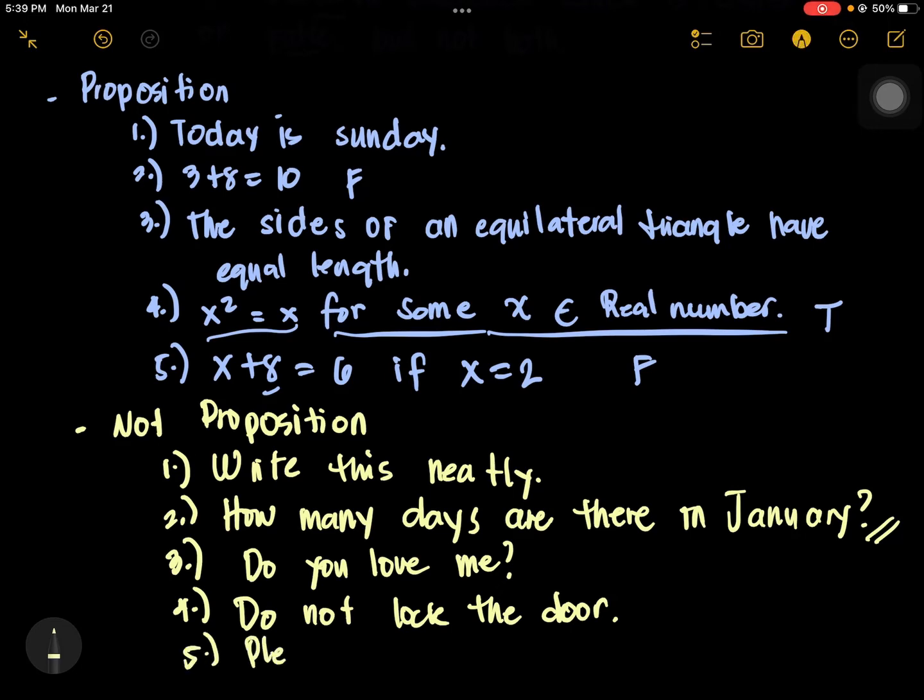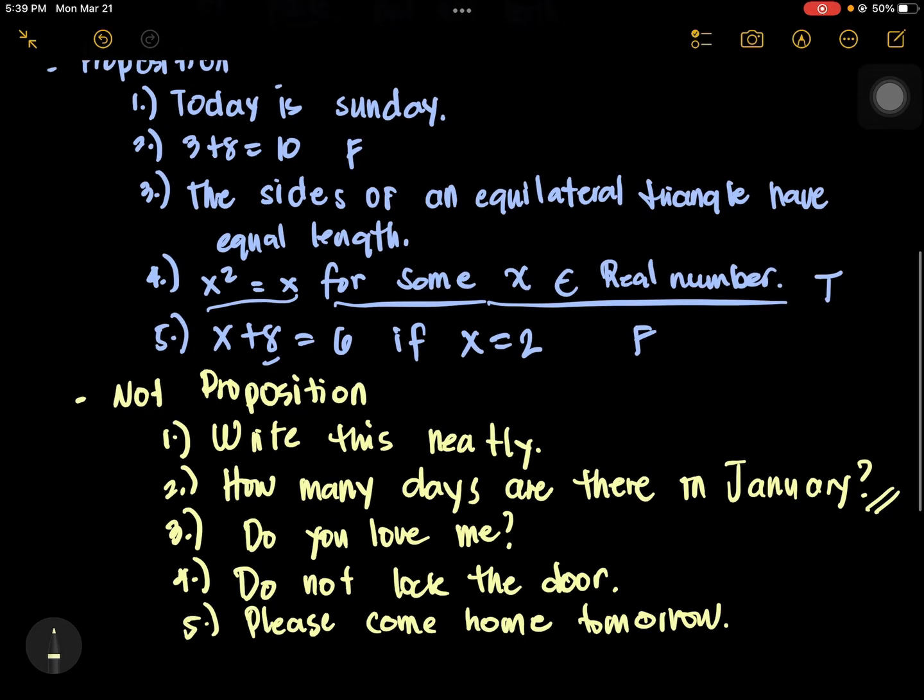Number 5: Please come home tomorrow. So this statement is a request. So it's not declarative, so it is not proposition. How about the last example, number 6: Carlo is a good person. Okay.